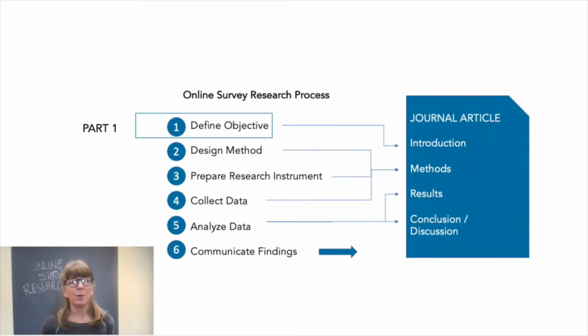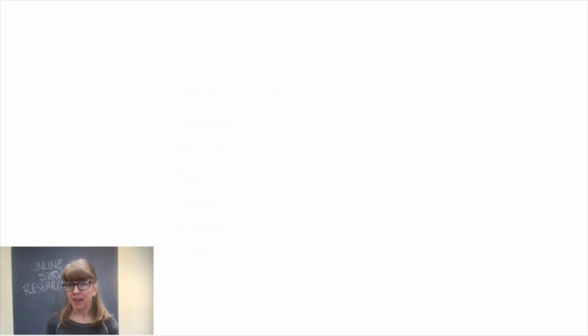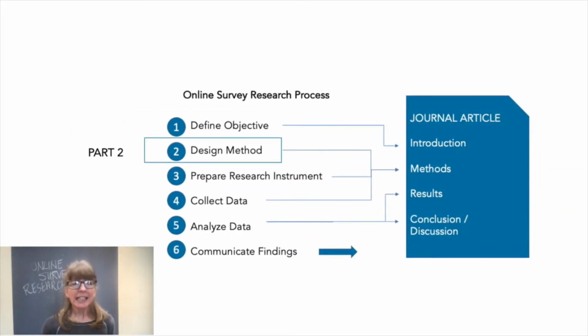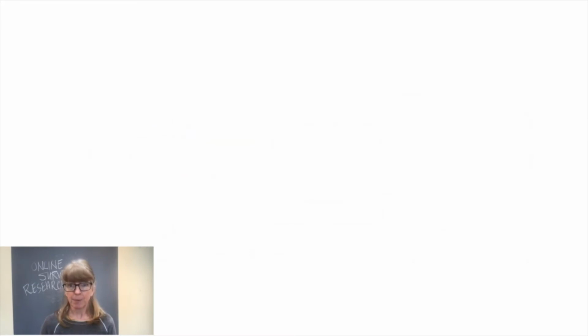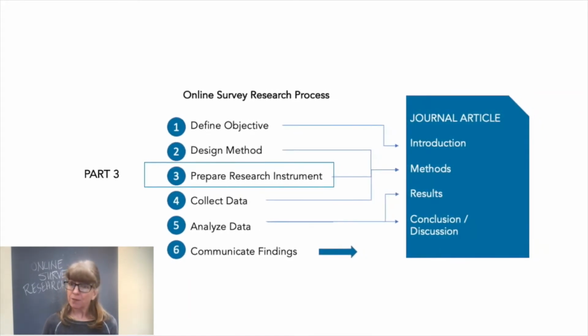There are 3 parts to this course. In the first part, we'll focus on defining your objective and talk about the roles the team members have in that process. In the second part, we'll talk about design methodology, including sampling, validity, and reliability. In the third and final part, we will talk about preparing your research instrument, which in this case is an online survey.